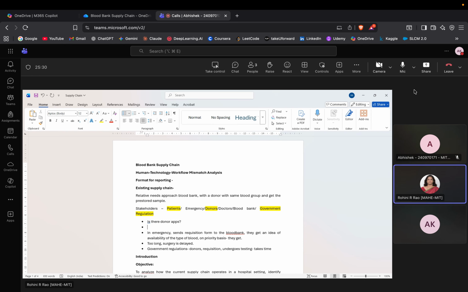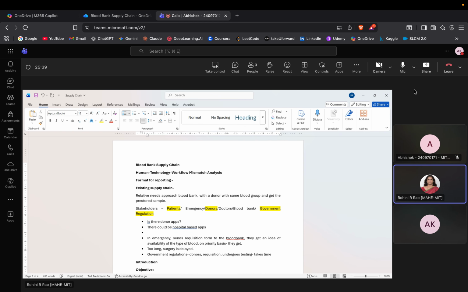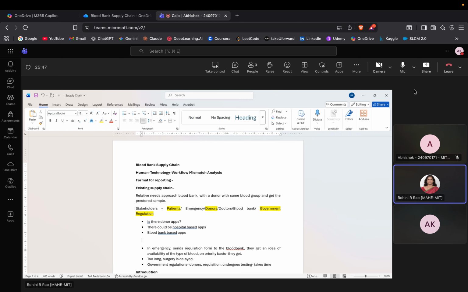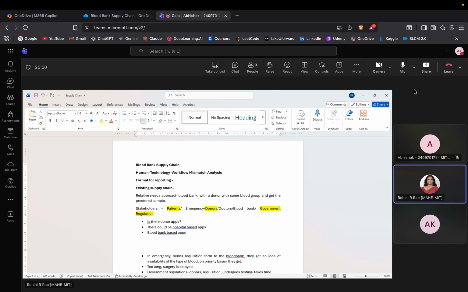There could be donor-based apps, there could be hospital-based apps, there could be blood bank-based apps, and also there could be research literature regarding this. So this is your first task.